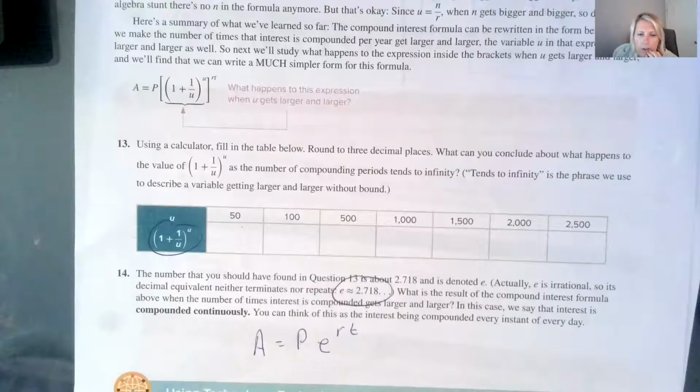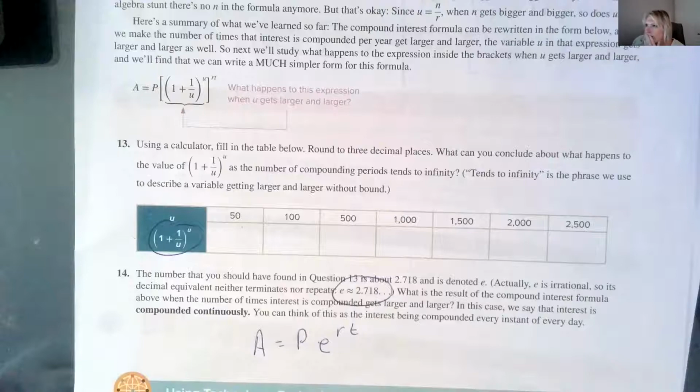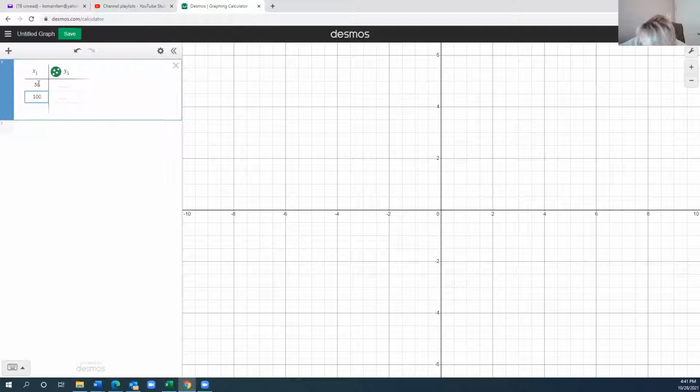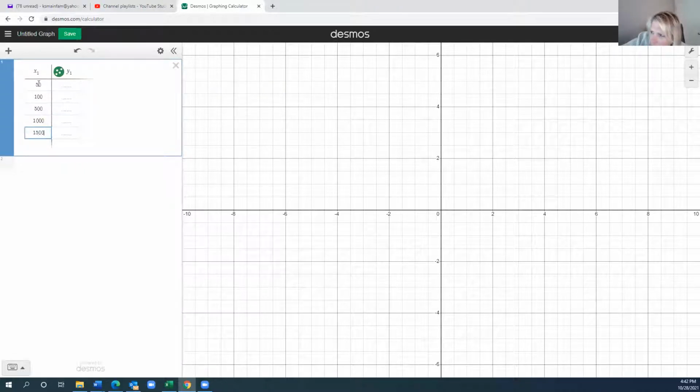So we're going to go to a table. And in the table, we're going to put the inputs of 50, 100, 500, 1,000, 1,500, 2,000 and 2,500. Okay.